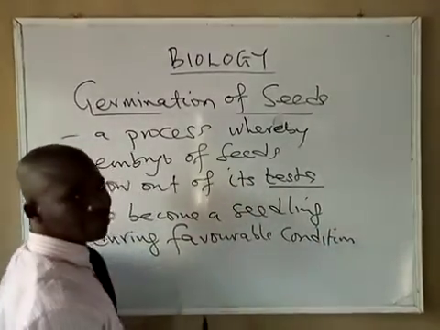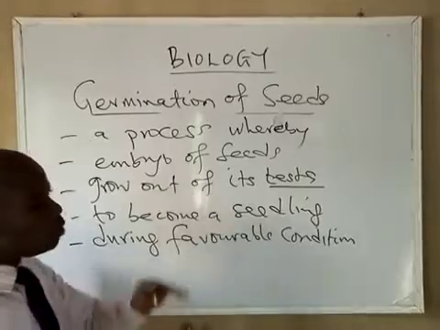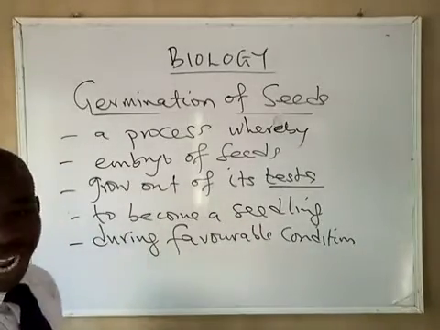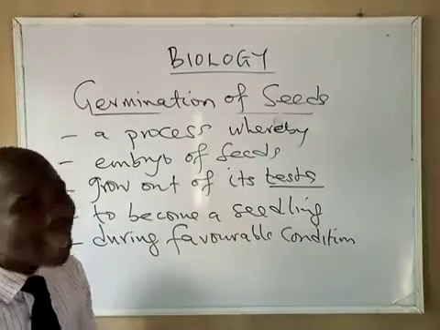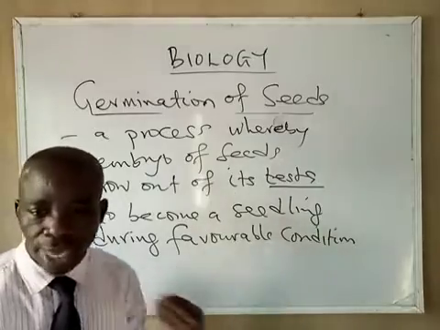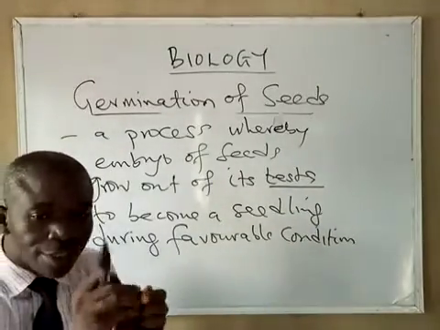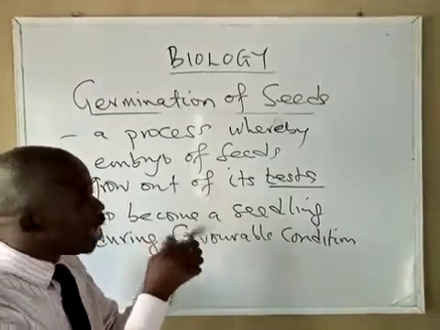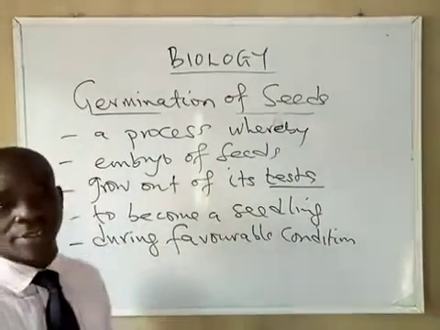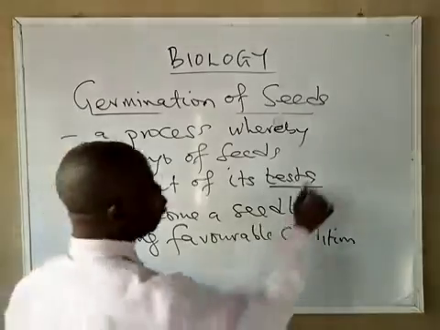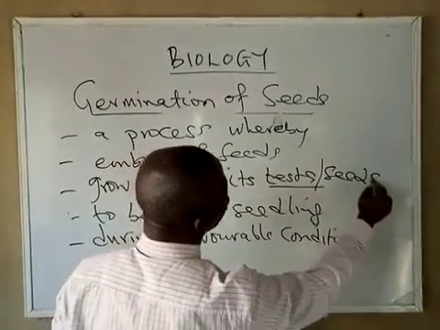Now, the testa is the portion that covers all seeds. Any seed that you have, be it maize seed or bean seed, the thin membrane that covers it is called the testa, or we call it seed coat.